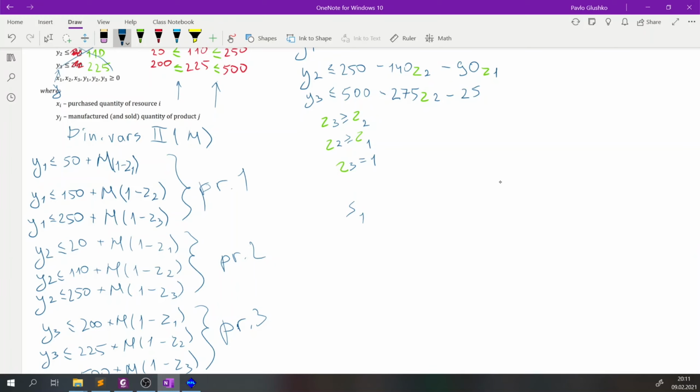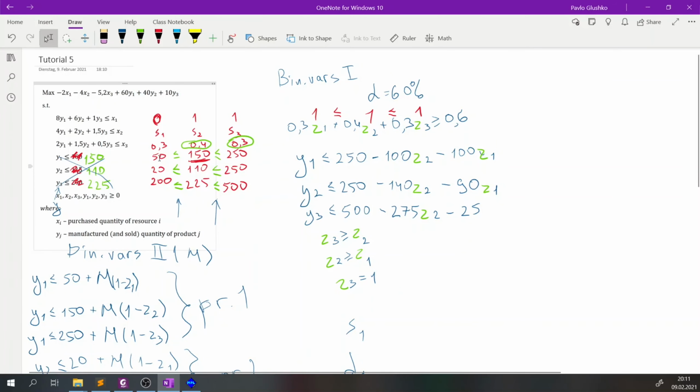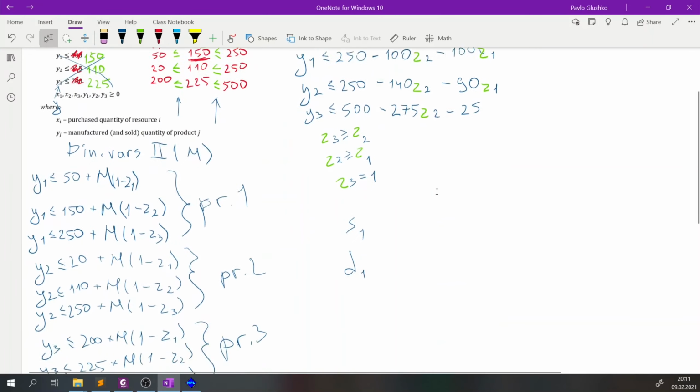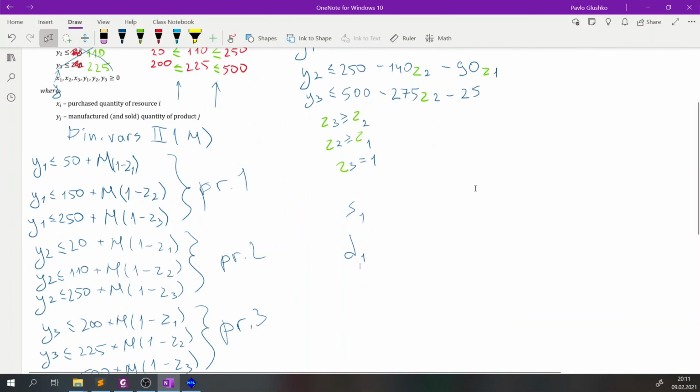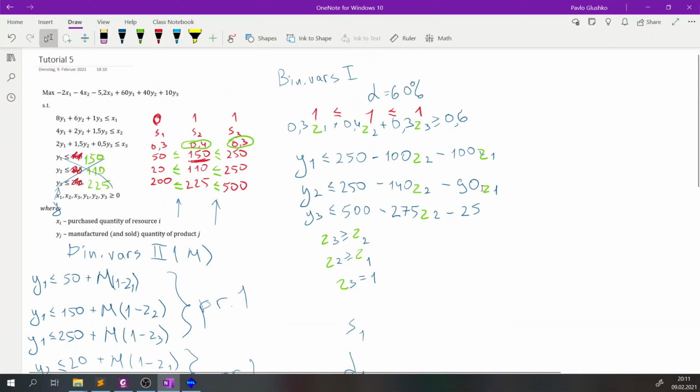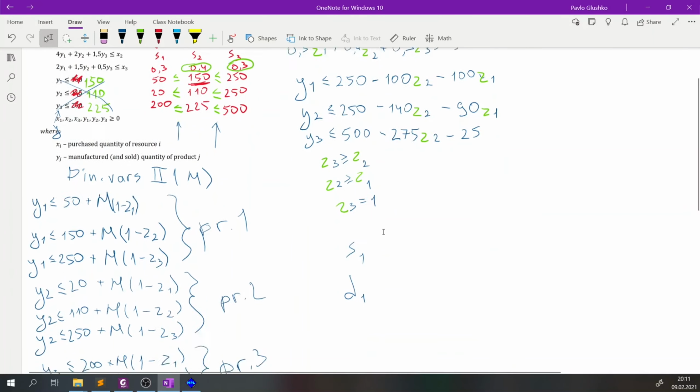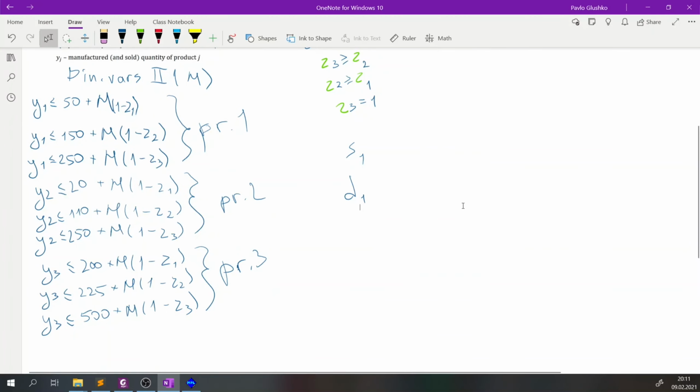In this first scenario, we have the demand from scenario 1, so it's demand 50, 20, 100. And we have the consumption of the lumber. I don't remember which letter we used. Let's say that it's L, also from the first scenario of the lumber consumption. So it's 5, 4, and 1.